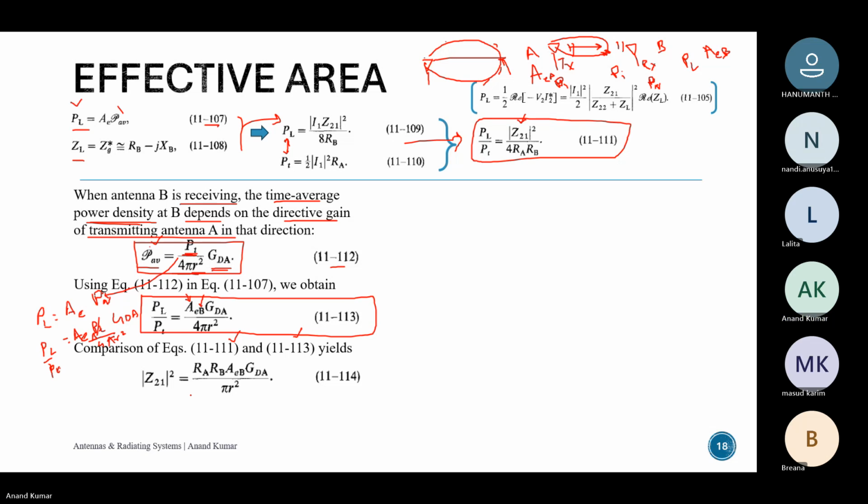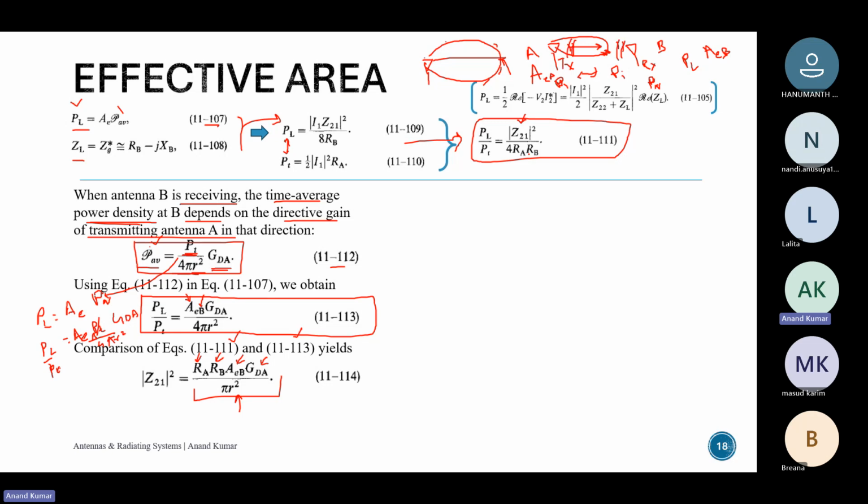Z21 is found to be in terms of the radiation resistance of A, the radiation resistance of B, the effective area for antenna A, the effective area for antenna B, the directive gain of antenna A, and pi r square.